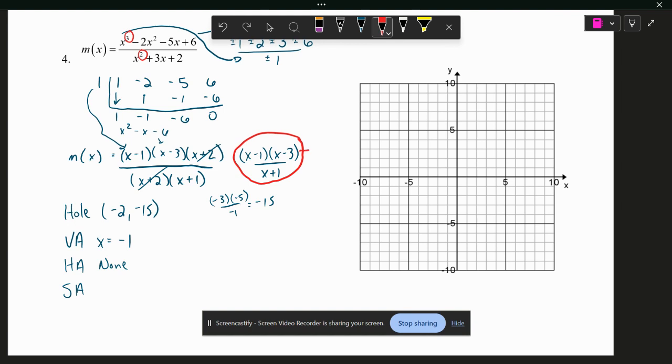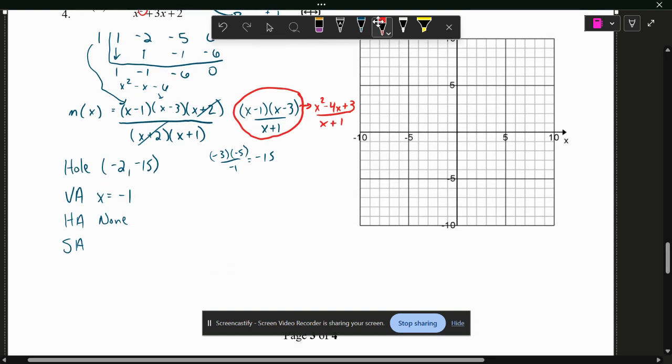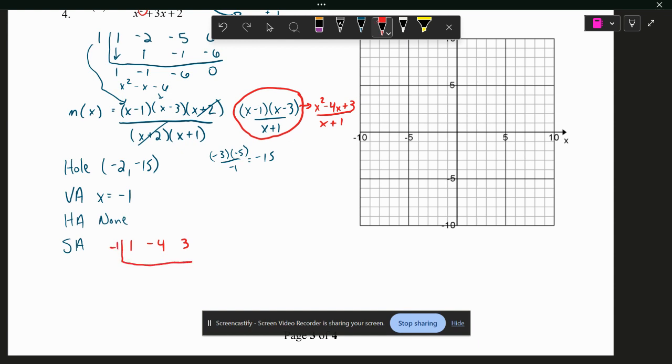The only thing I have to do is factor the top. So x squared minus 4x plus 3 over x plus 1. So that's going to help me find my slant. So 1, negative 4, 3, and negative 1.